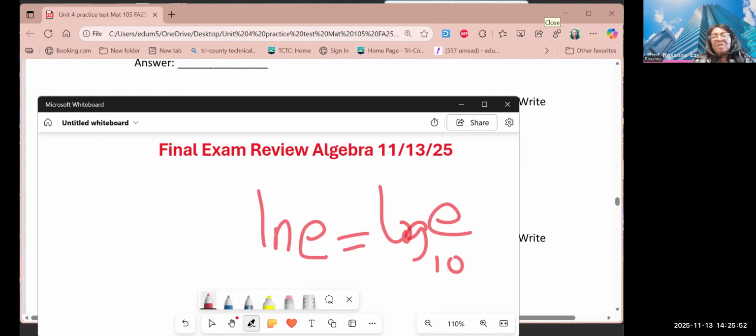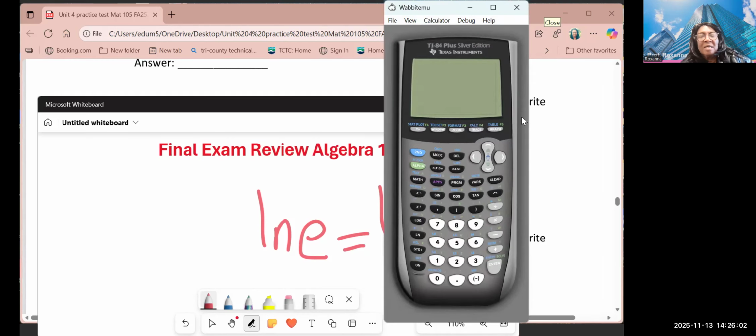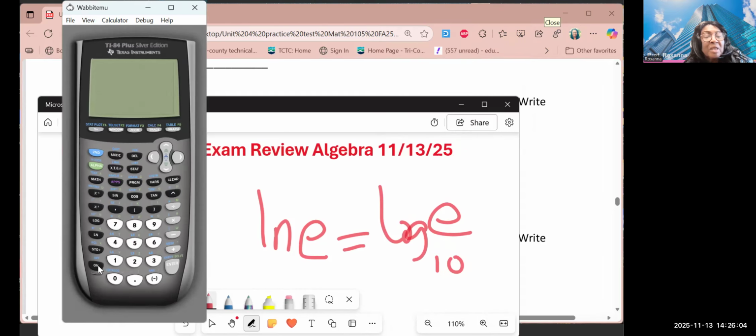Let's put our calculator to work. Let's actually ask our calculator, what is natural log of E? Let's use a calculator and make sure that we know how to put it in. So it's on. Let me first ask my calculator, what is natural log of E? So this is natural log, by the way, everybody. ln is under logarithm.